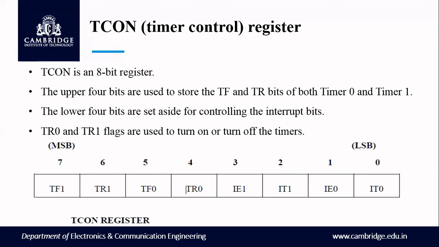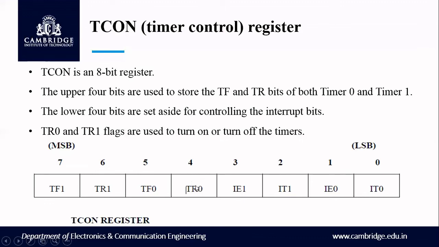If you look into the TCON register structure, it is an 8-bit register. The lower 4 bits are meant for the interrupts, the higher 4 bits are meant for the timer. If you look at the fourth bit here, TR0, this is for timer 0. If you set this bit, timer 0 starts.